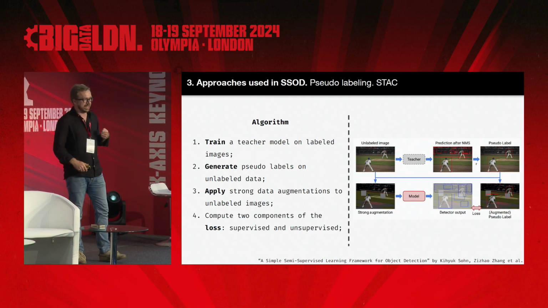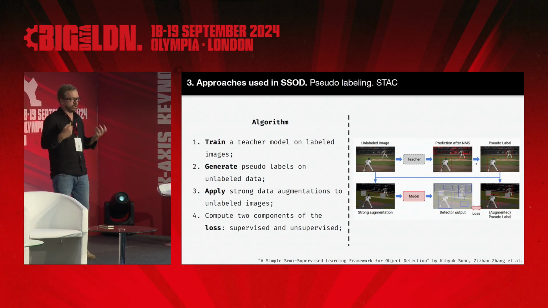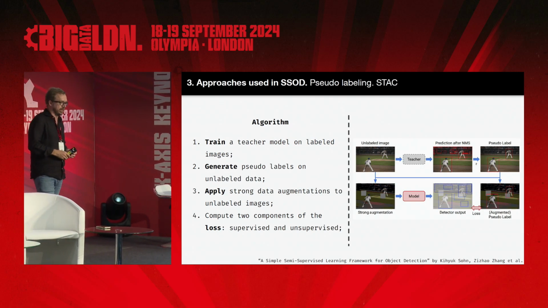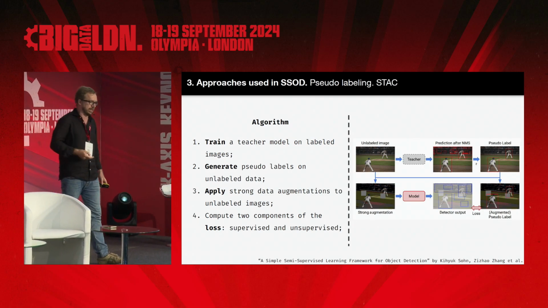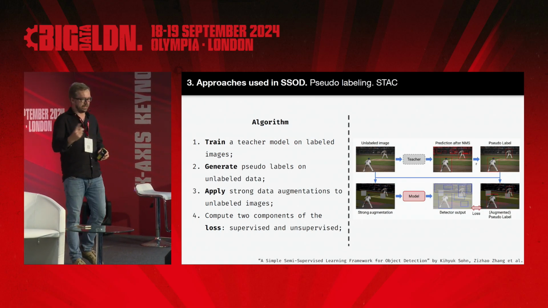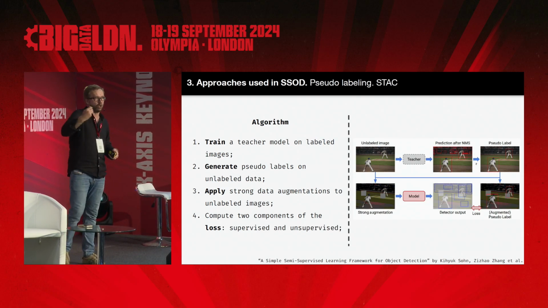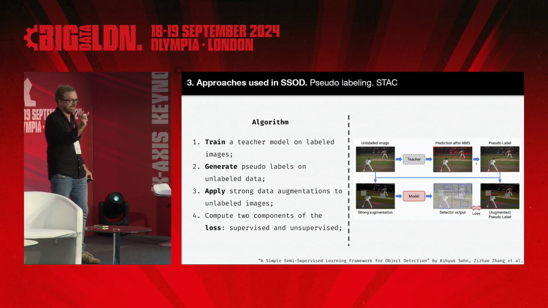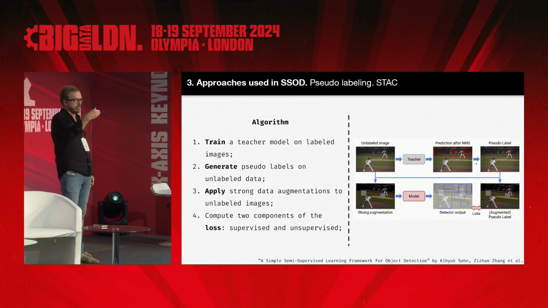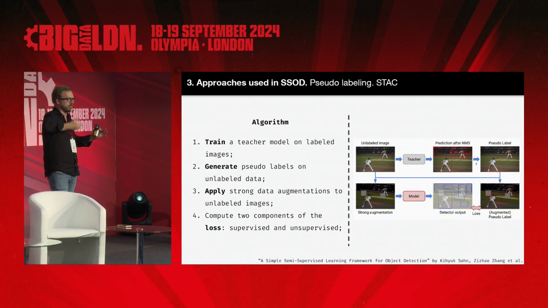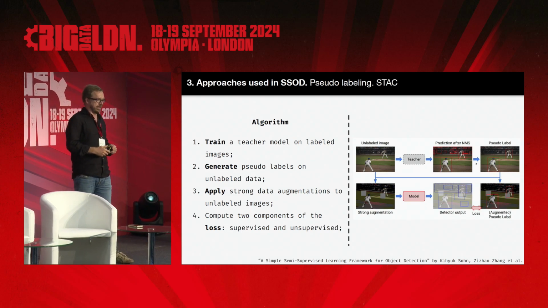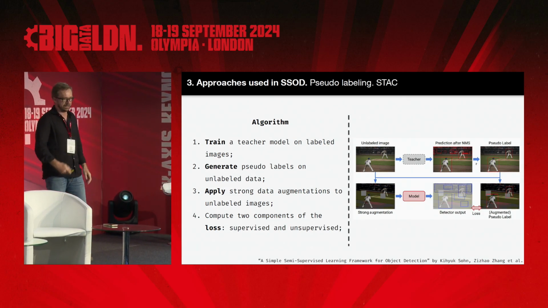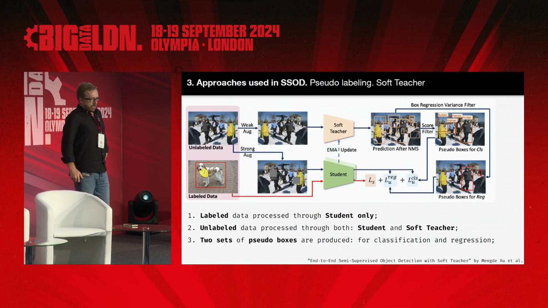We first train our model on labeled images, generate pseudo-labels on unlabeled data, and apply strong augmentation, and after that calculate the loss and compare results. And this loss, as I mentioned in the beginning, and as in all semi-supervised approaches, contains two parts, supervised and unsupervised.